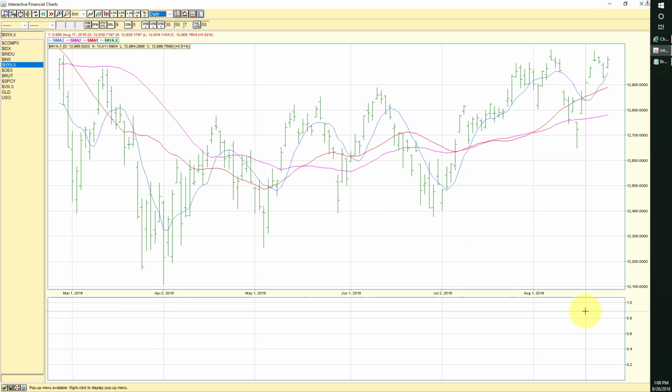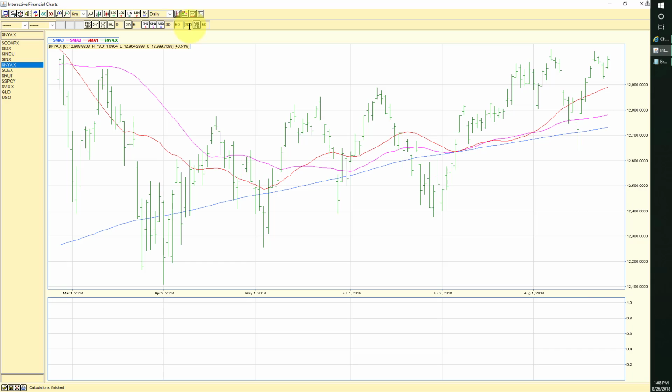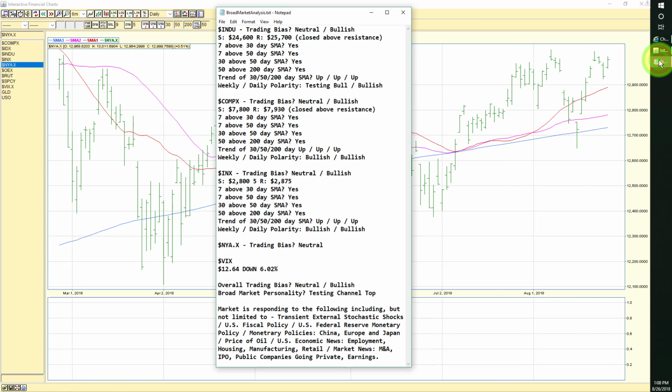Clearly, the New York Stock Exchange is stuck with heavy overhead resistance. Let's look at the 200-day simple moving average. Still, everything is trending to the top side. We're wrestling between neutral and neutral bullish. I'm going to leave this particular secondary index's bias at neutral for now.